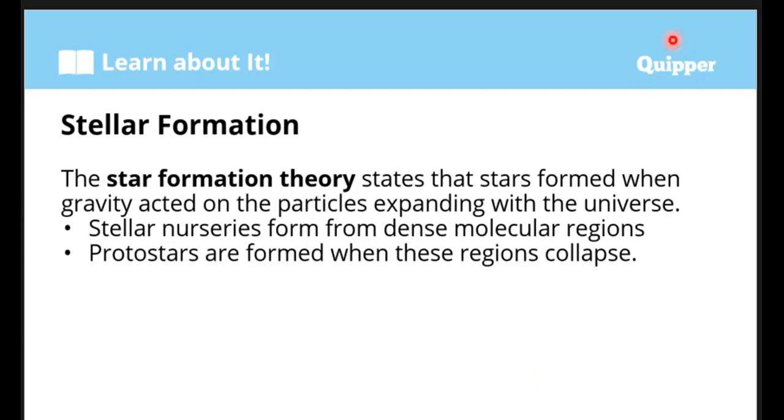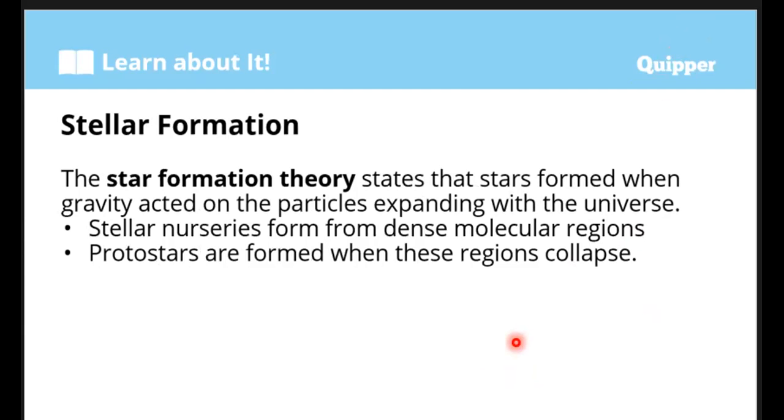The star formation theory states that stars form when gravity acts on the particles expanding with the universe. Take note that the highest element that could be formed in the Big Bang nucleosynthesis is beryllium.